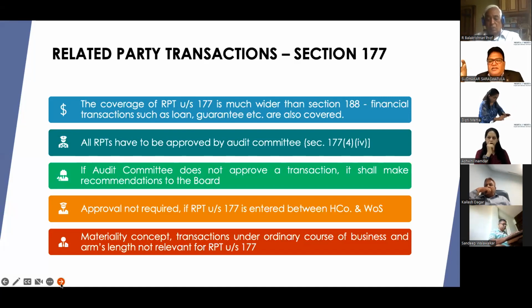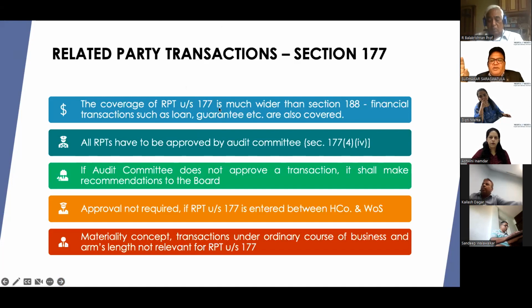Because of that, they say that the board cannot do it. But the majority of people, in the guidance note, this particular aspect has been dealt with. Kindly go through that. The audit committee is a subset of the board. The board is always superior. If the audit committee is not recommending or not approving a transaction, that doesn't mean it is the end of it. According to me, the board is superior and the board can always take a call and can approve the transaction.